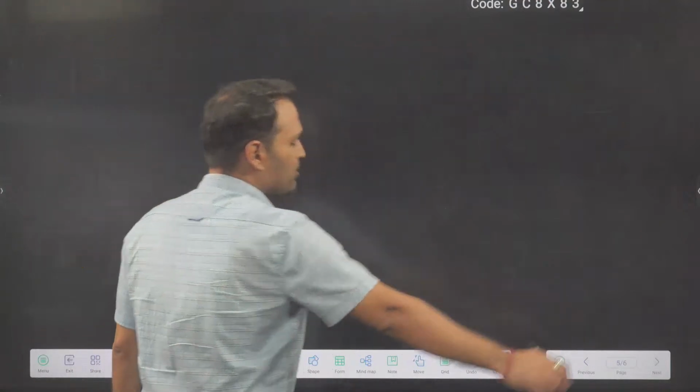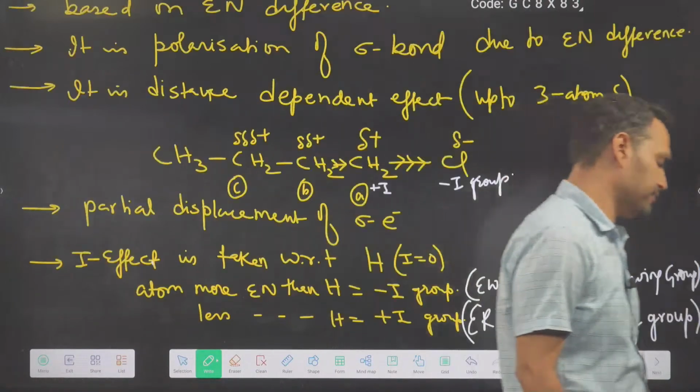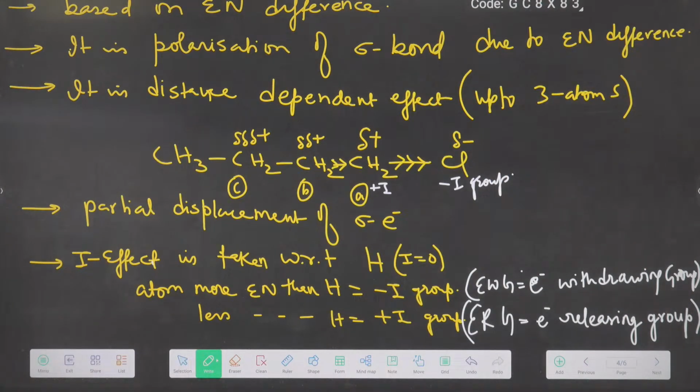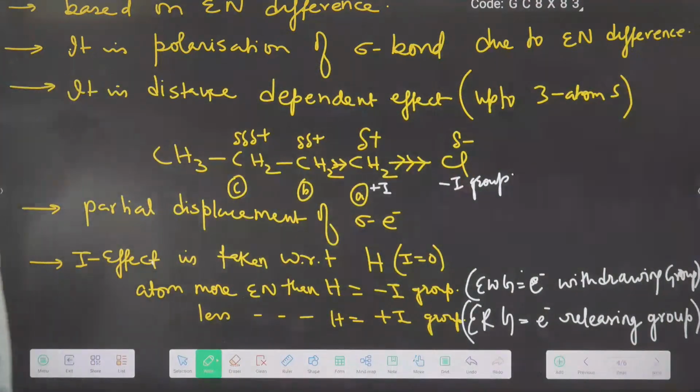Can you suggest when carbon can act as minus I? Can you tell me one example where carbon is electron withdrawing, where carbon is electronegative?